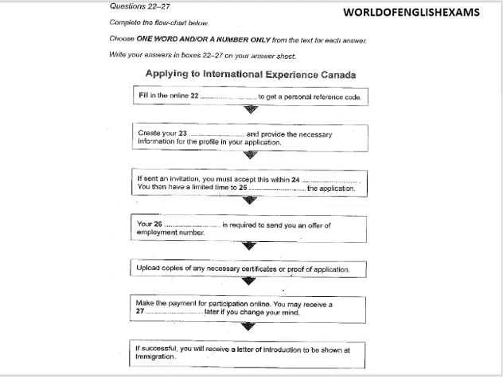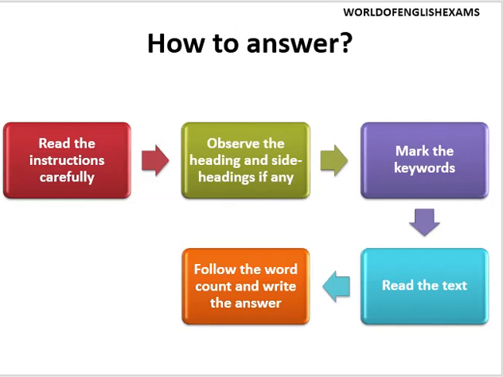Don't you think this is a clue? Don't you think that at least one of the answers will be a number? Yes, so that is perfect prediction, guys. If you can follow instructions properly, you will see how easy it is to answer these questions. Now, without any further delay, let's learn the process of how to answer these question types.